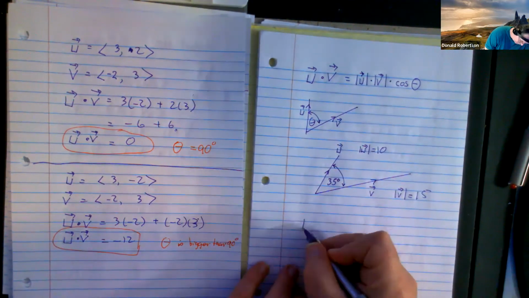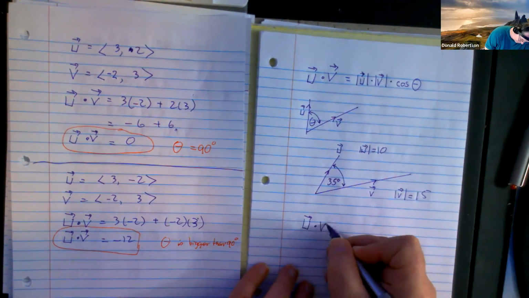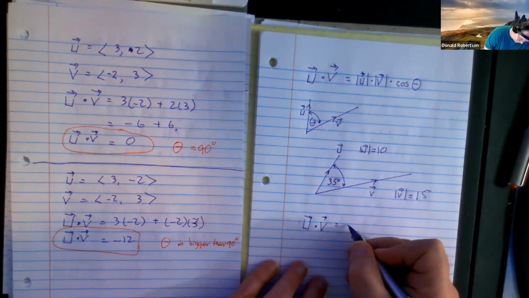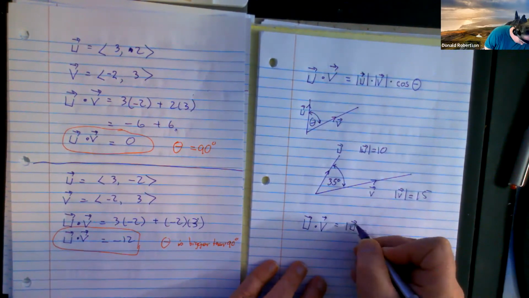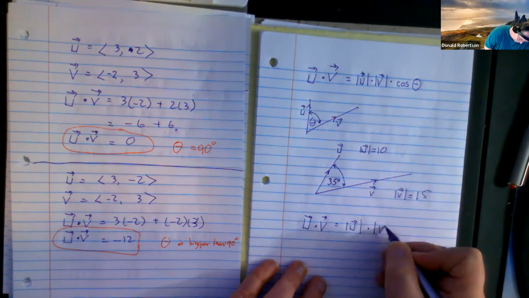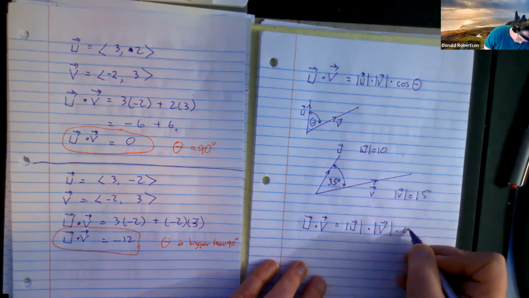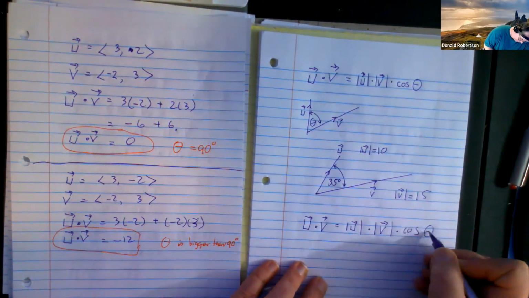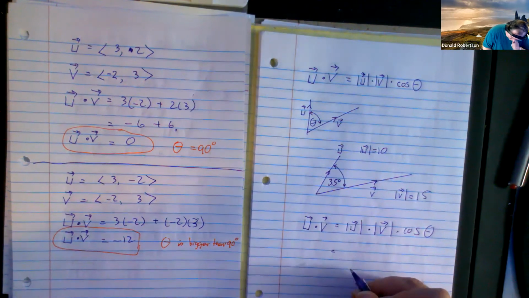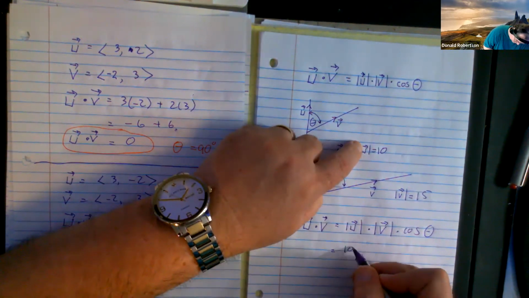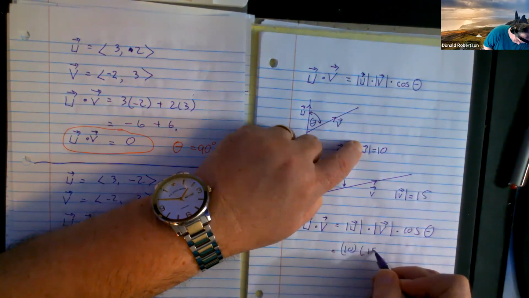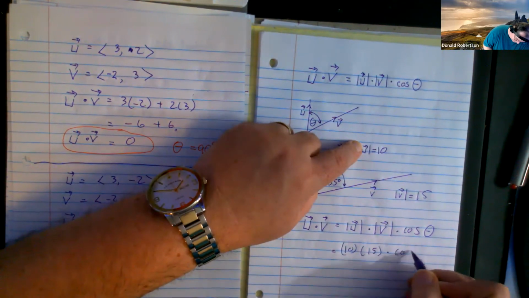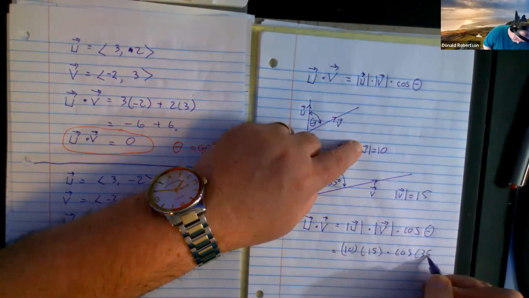Then you can get the dot product. It's the magnitude of U times the magnitude of V times the cosine of the angle between them. So it's going to be 10 times 15 times the cosine of 35 degrees.